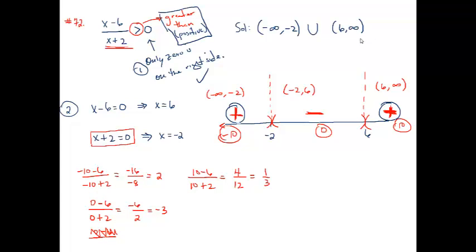So the main takeaway from the rational compared to the polynomial is that you need to set the numerator as well as the denominator equal to 0. The denominator is always going to have parentheses because you never want 0 in the bottom. The numerator depends on the inequality sign. Okay, so that is 3.6. Let me know if you have any questions.